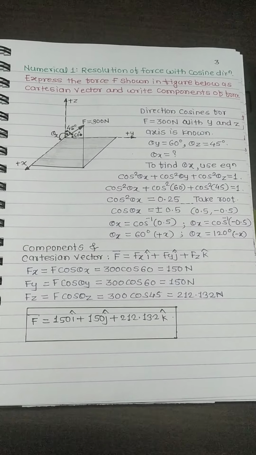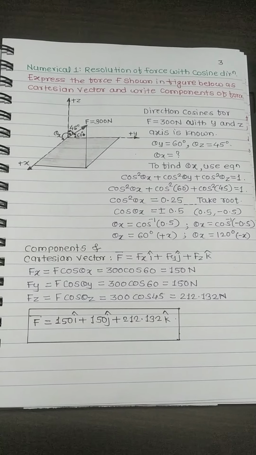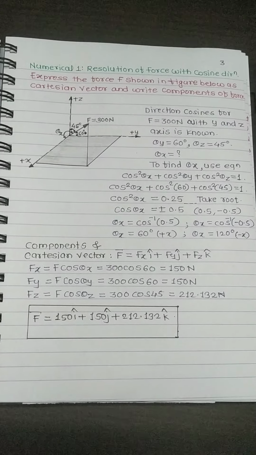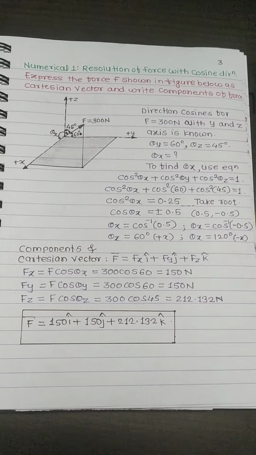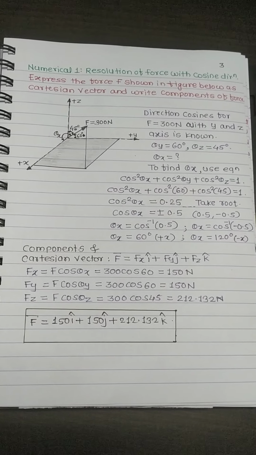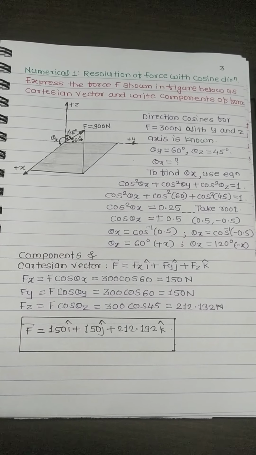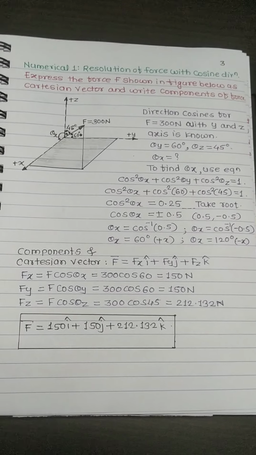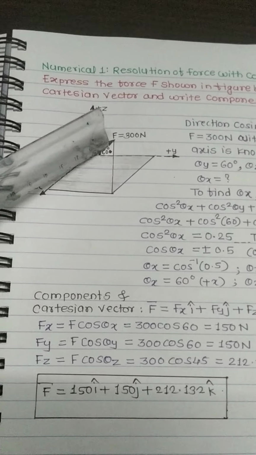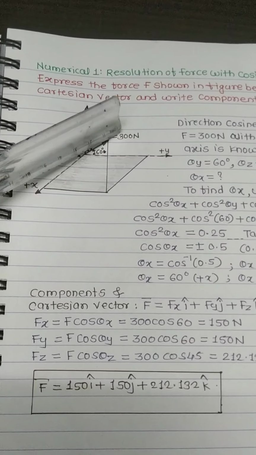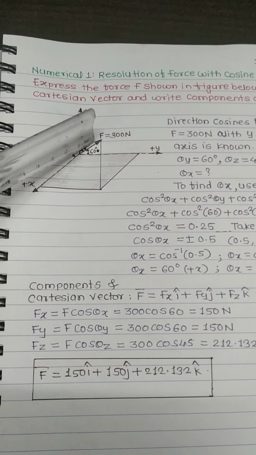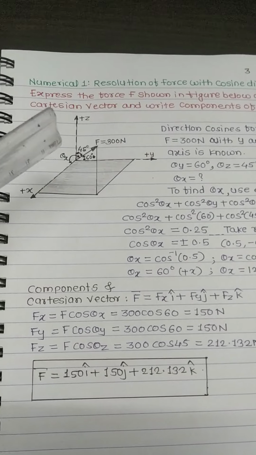Let's see a numerical on this topic, resolution of force with cosine direction. Express the force F shown in the figure below as a Cartesian vector and write the components of the force. A force F is defined with magnitude 300 Newton, and this force has cosine directions theta x, theta y and theta z.